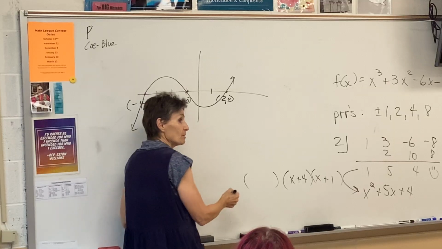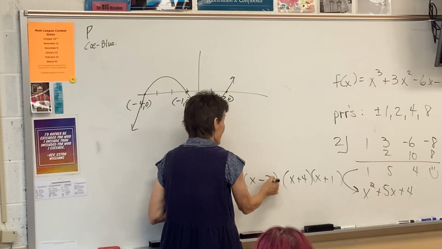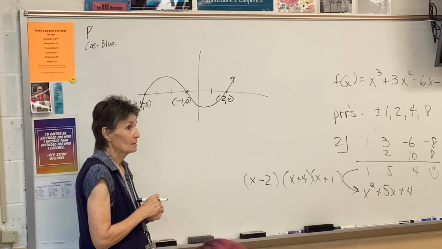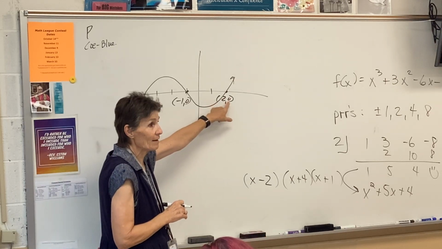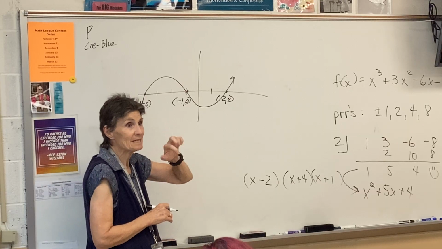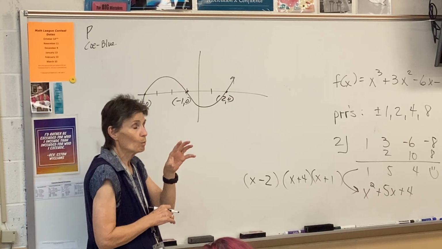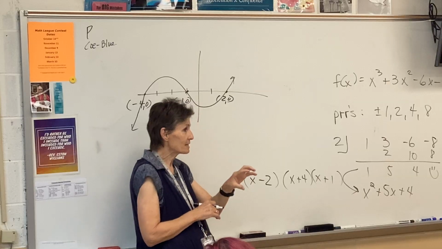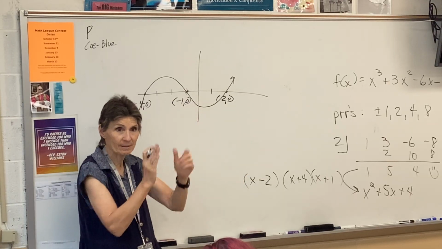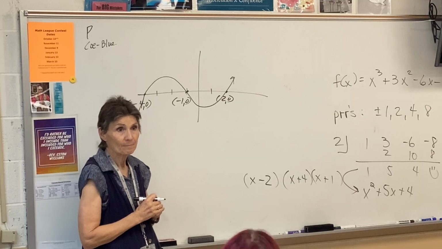So the other factor is -2. x minus -2, minus 2, right? Look at your picture. Wouldn't that have to be x minus 2? For the 17th zillionth time, when you put a number into parentheses or take one out, you gotta change the sign. Right?